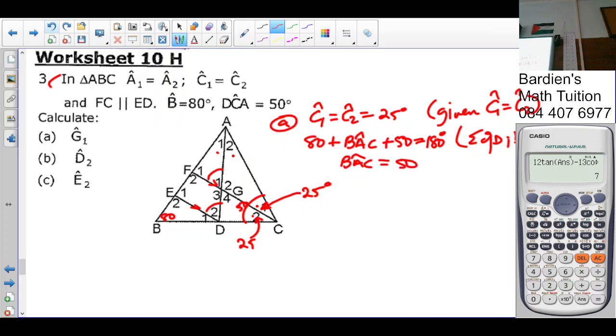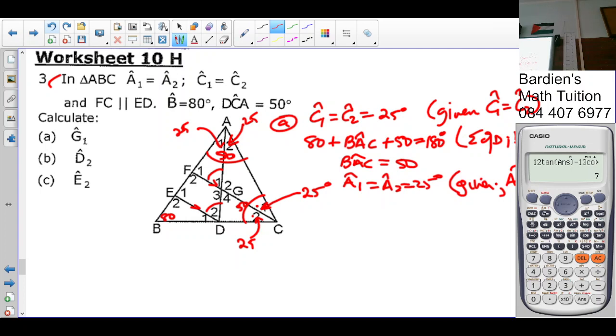Which means to say the whole angle is 50 degrees. So A1 is going to be 25 and A2 is 25. So A1 is equal to A2, which is equal to 25 degrees. The reason? Given that A1 is equal to A2.